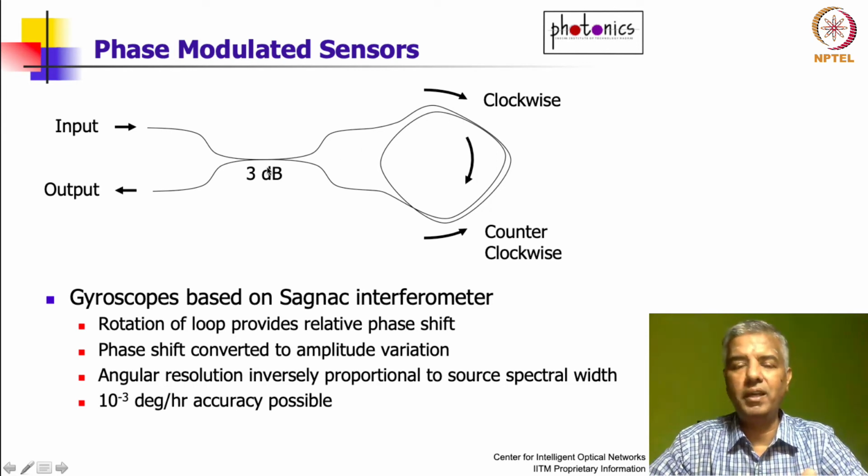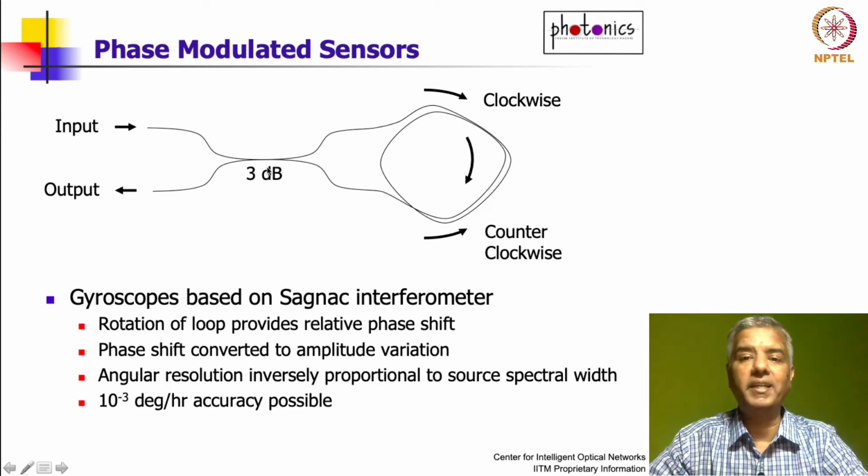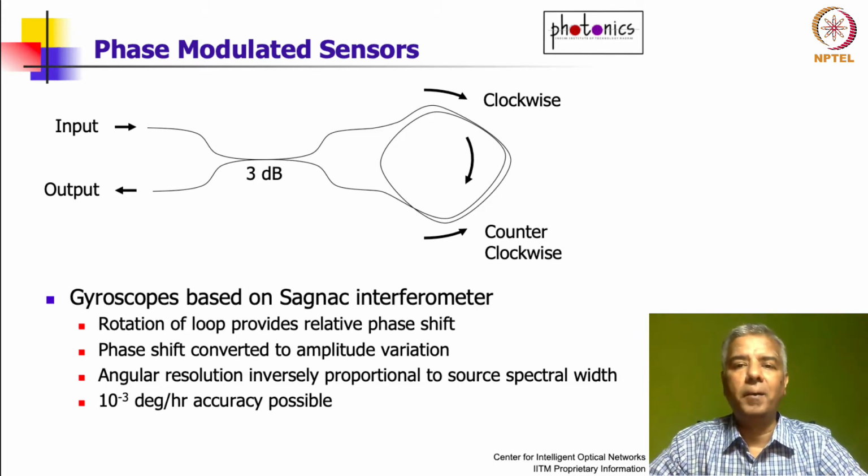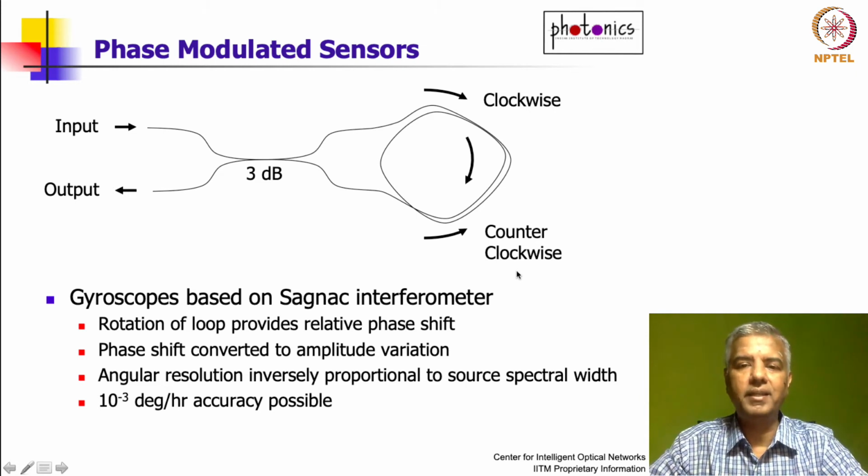So it is actually a very quiet interferometer, the quietest interferometer that you can find out there, and it's called a Sagnac interferometer. It won't change for anything other than just rotation, right? And so it's actually a very, very sensitive measurement of rotation.